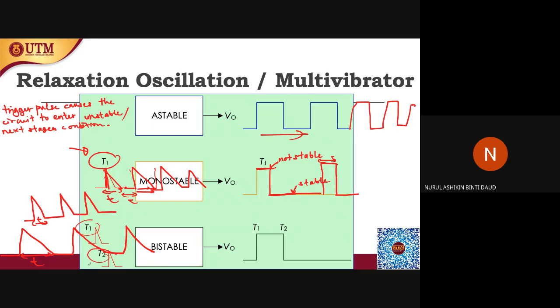Since bistable requires two pulses, both states are stable conditions. This is stable.